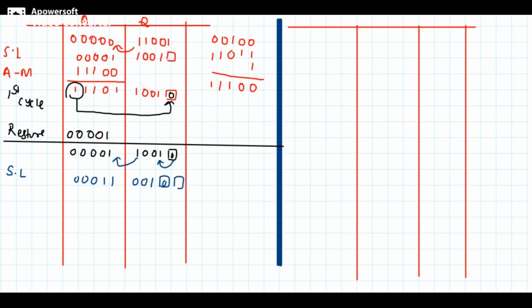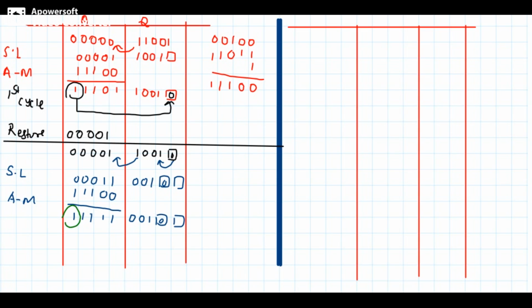Now I have to perform A minus M. That means I'll add 2's complement of M, 0 0 1 1 1. So I'll get 1 1 1 1 1. I'll write Q as it is and 0. Now I'll check the sign bit.